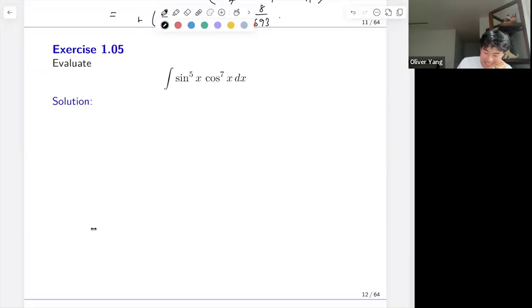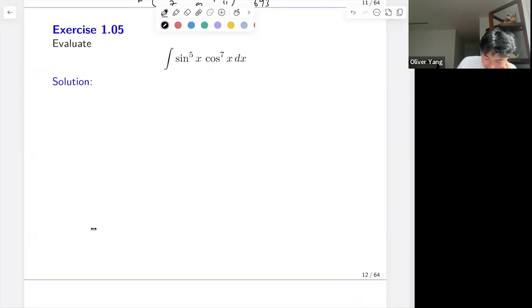So this time I'm going to rewrite the cosines. We'll split the cos, right? So our integral becomes sine 5x cos 6x cos x dx.